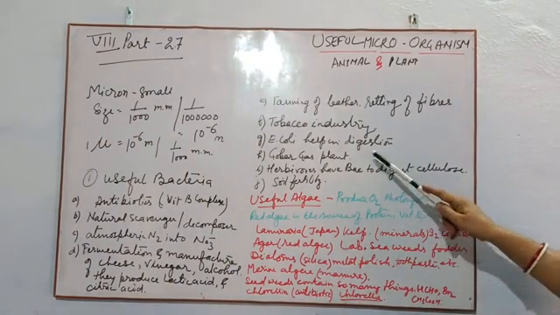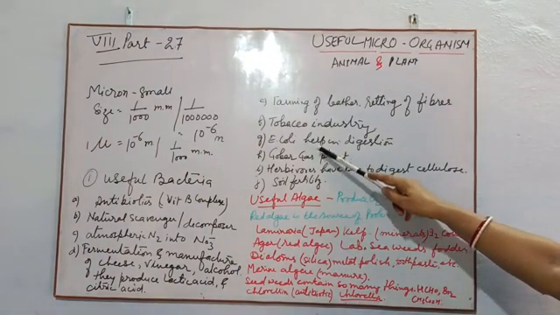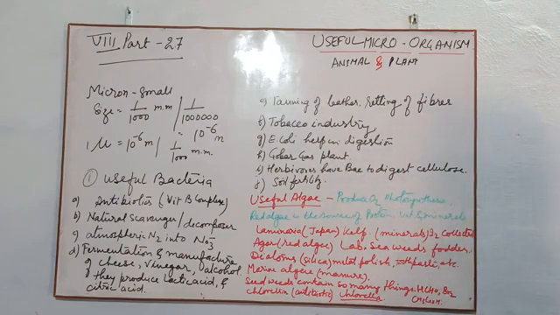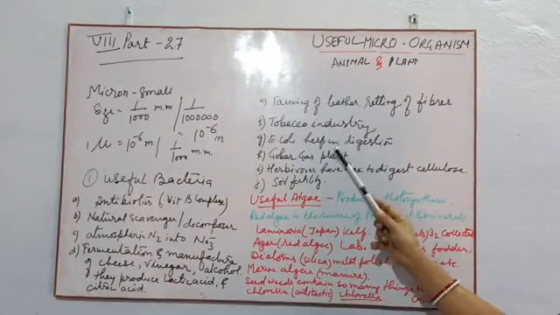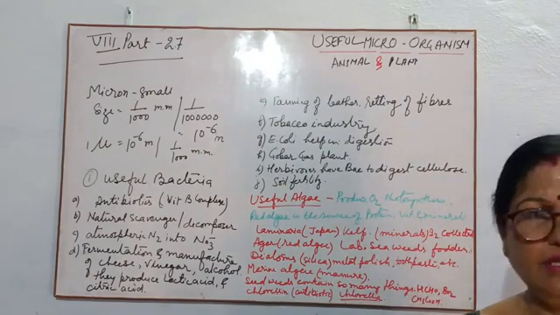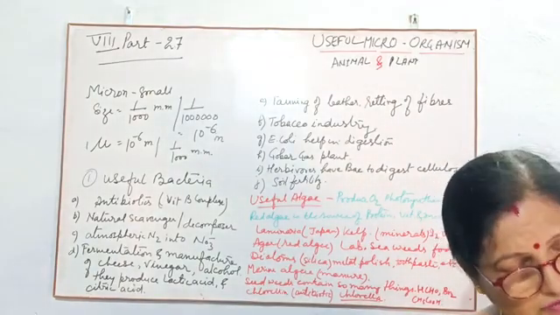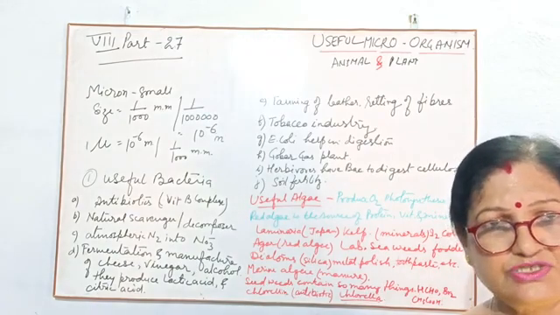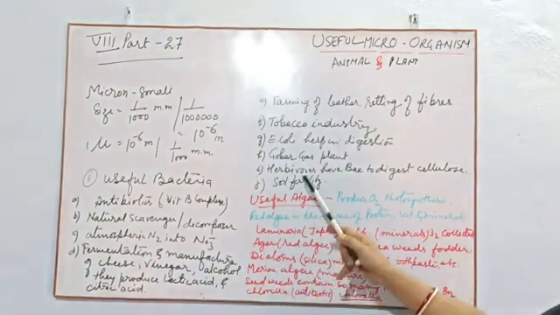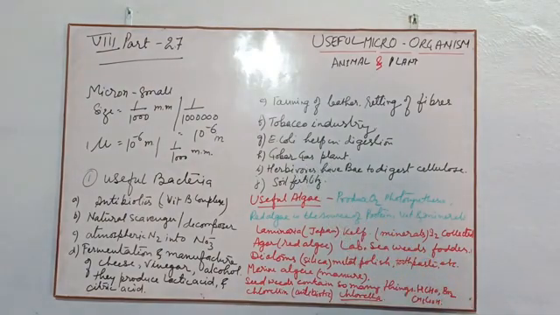Then E. coli, that is Escherichia coli. Escherichia coli help in digestion in our stomach, or you can say in our alimentary canal. All of us have E. coli bacteria in our alimentary canal, which help in digestion. Then gobar gas plant.